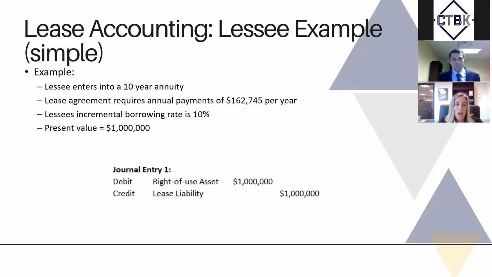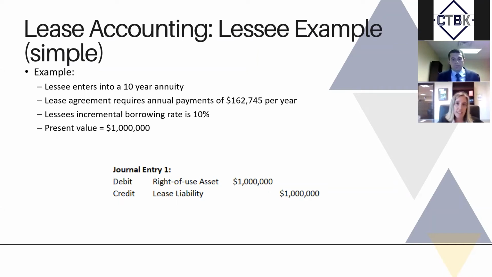Now that I've walked through what that calculation looks like, I'm going to go through a detailed example from the lessee side of very simple lessee accounting. Now, in Lease Webinar 2, that's going on next Wednesday, I will get into some more complicated examples for those of you that want to come to that.